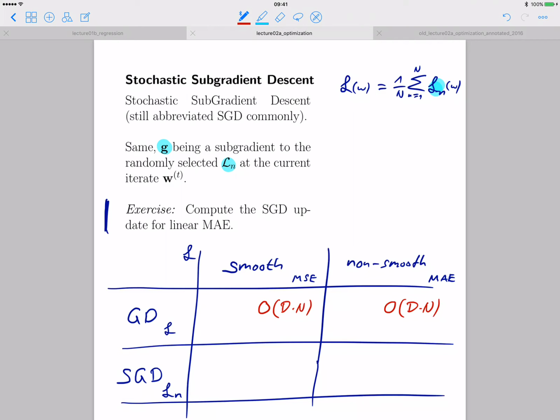And then if you only use one data point instead, you only pay the cost d for one step. And that's actually the whole picture. So this is for linear regression.